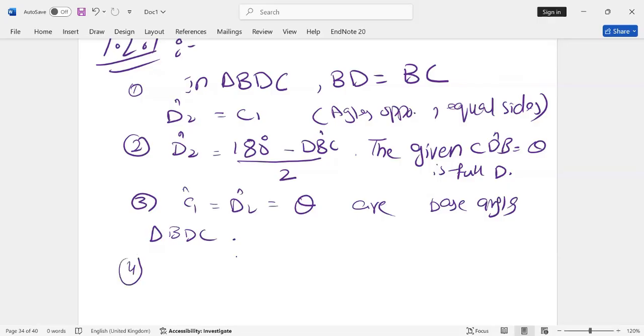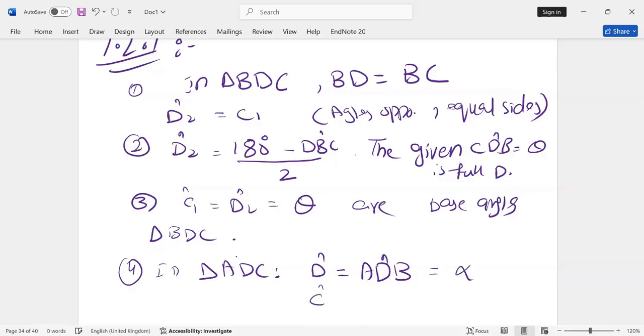The fourth point is that in triangle ADC, we have D equals ADB, which equals alpha, and C equals ACB, which is also equal to alpha.